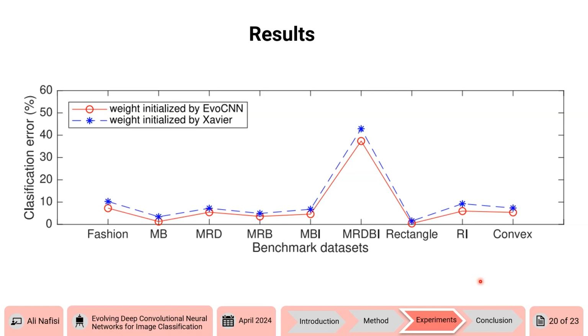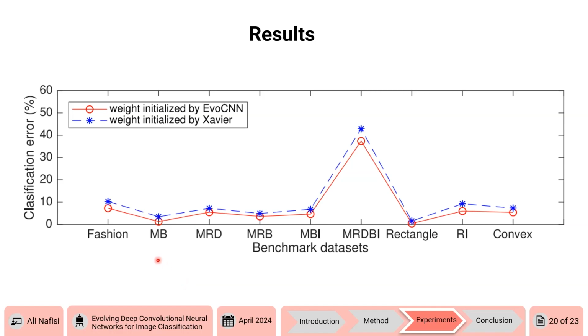Here we have an interesting plot. The authors of this paper compared their initialization method of weights to the Xavier initialization, which is a popular one in the deep learning community.